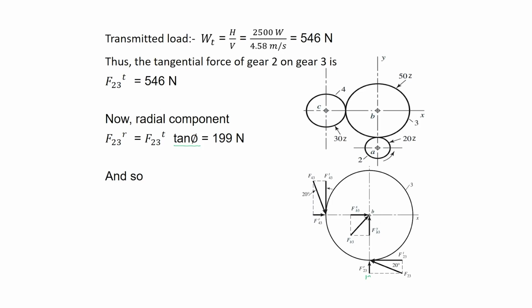This is 199 Newton and this is 546 Newton. And so F23, which is the resultant force of the tangential and the radial, also called the normal component, is equal to 581 Newton.